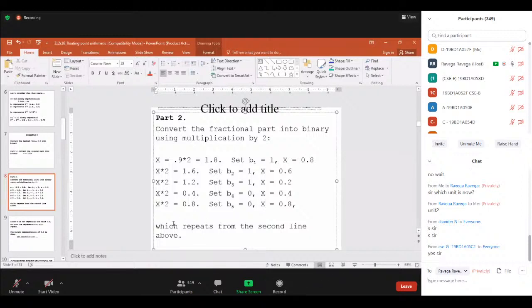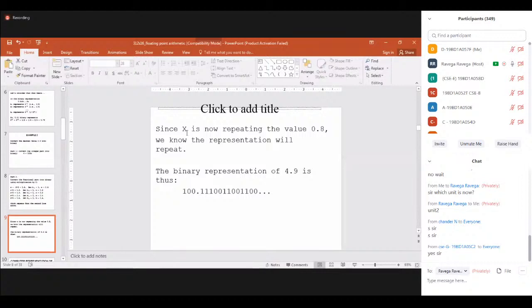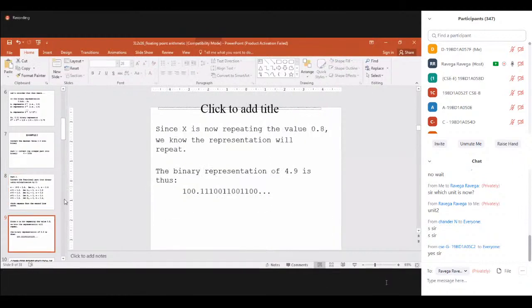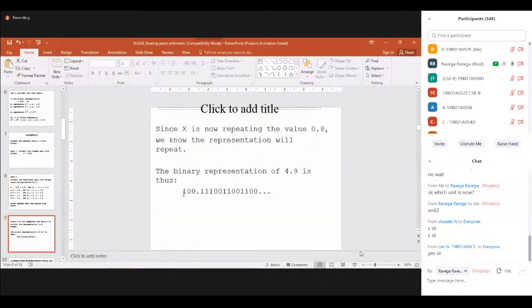Thus it repeats. Since x is now repeating the value 0.8, we know the representation will repeat. The process is repeating every time, right? It goes on like this. So here it is 1 1 1 0 0 0 0 0, 0 1 1 0 0 1 1 0 0 and so on.